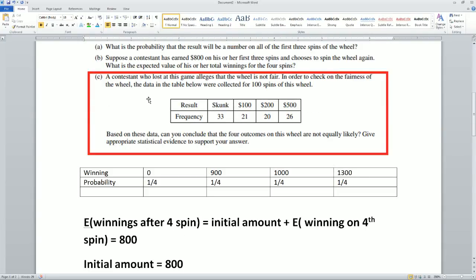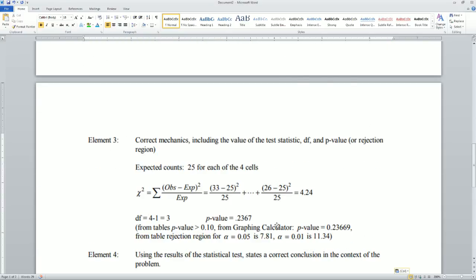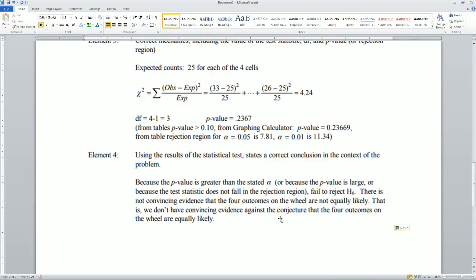Do you notice why it's not the other one, homogeneity, or independence? Why is it not the other two chi-square tests? Because it only has one categorical variable and one population. There you go. That's it. It's that easy.